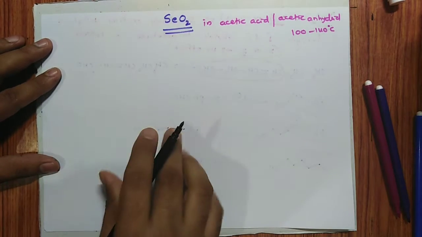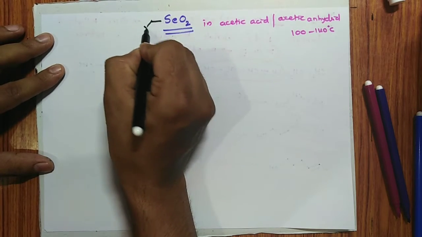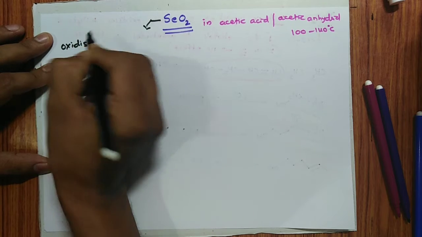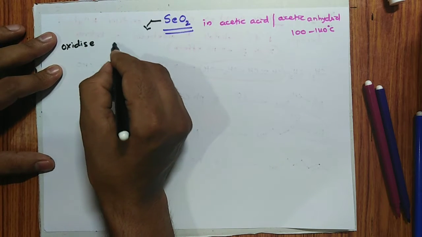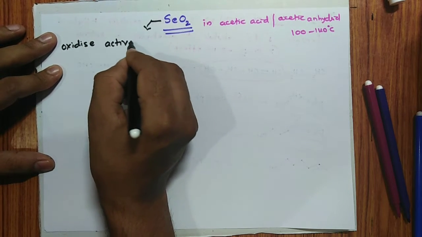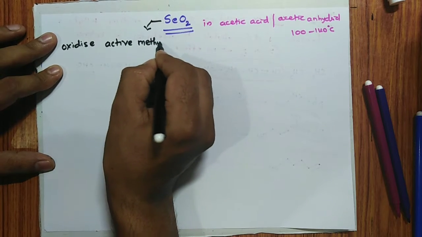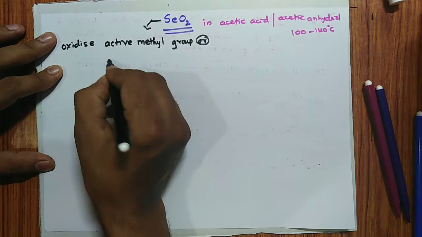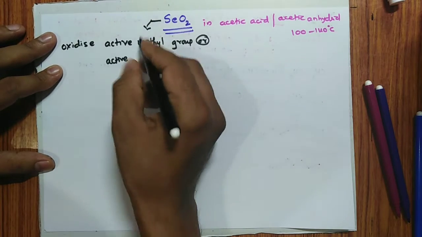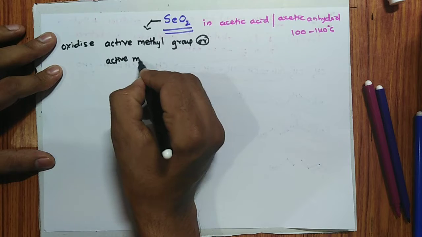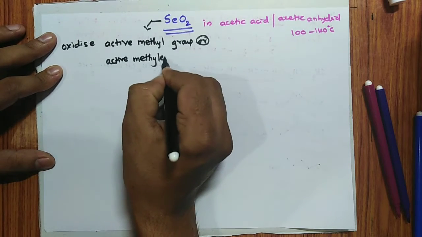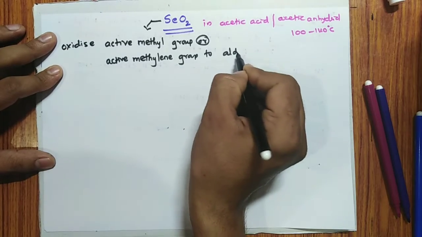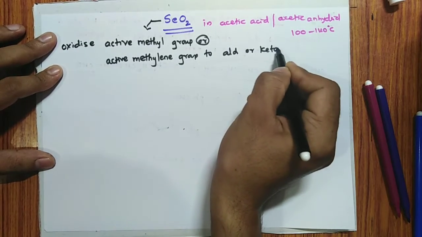So what is the importance of this SeO2? Remember, this SeO2 will oxidize only active methyl group or active methylene group to aldehyde or ketone.